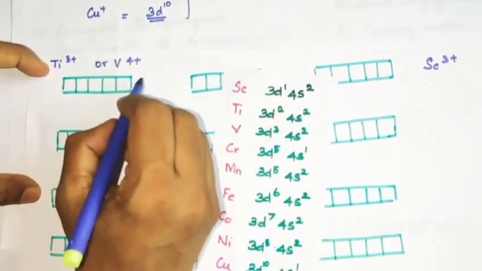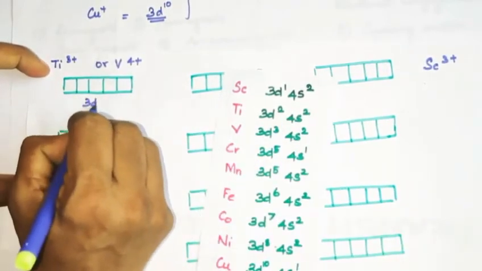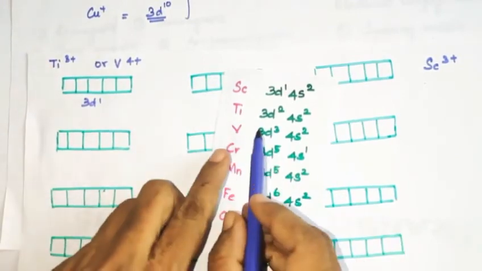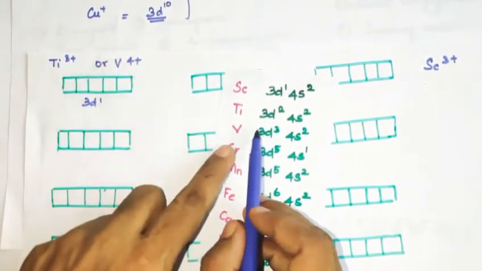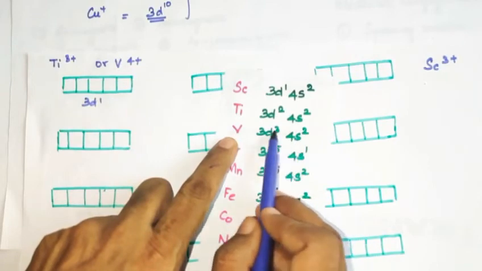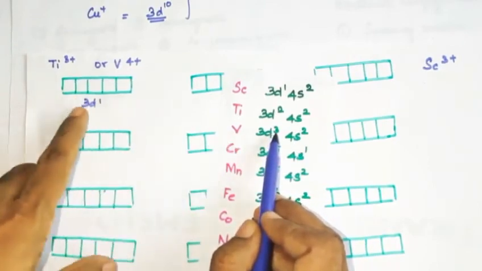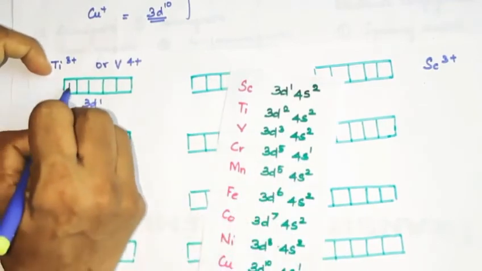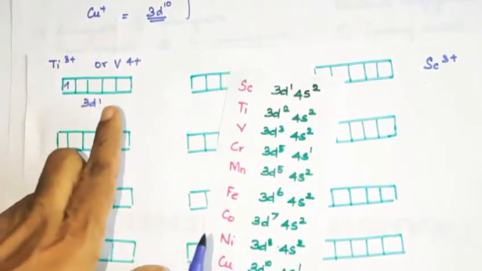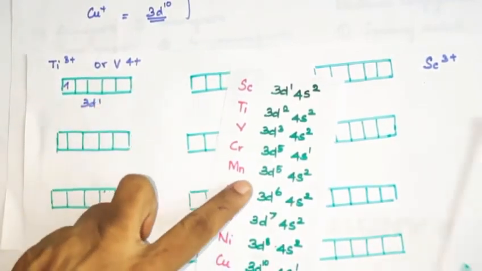Titanium 3 plus and vanadium 4 plus both have 3d1, so only one unpaired electron is there. So n is equal to 1.